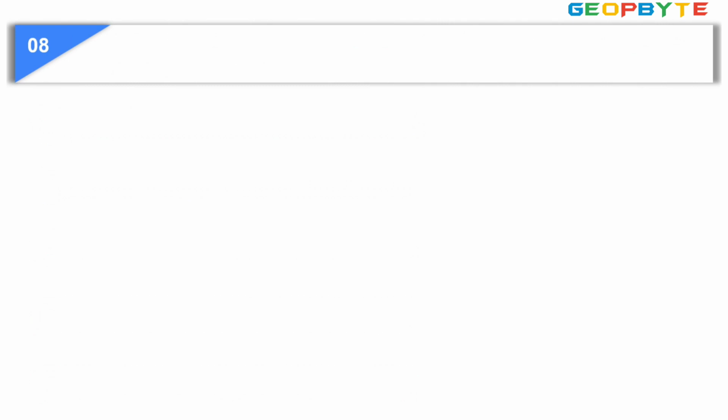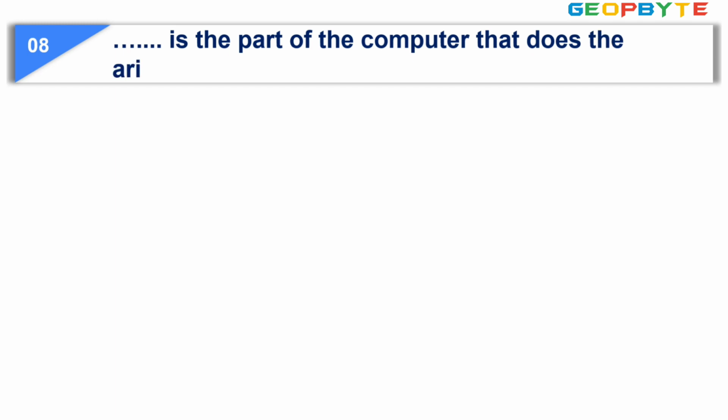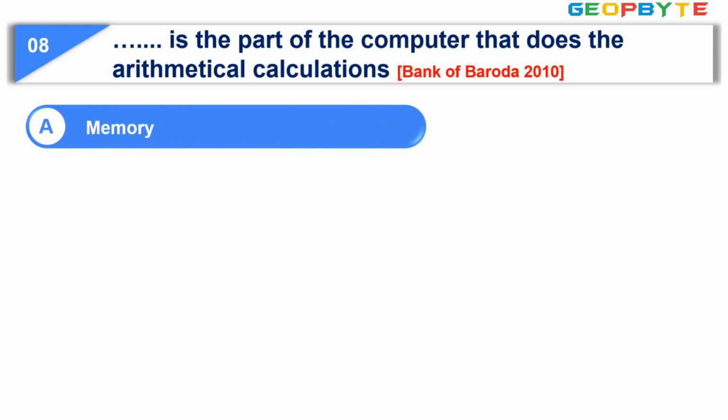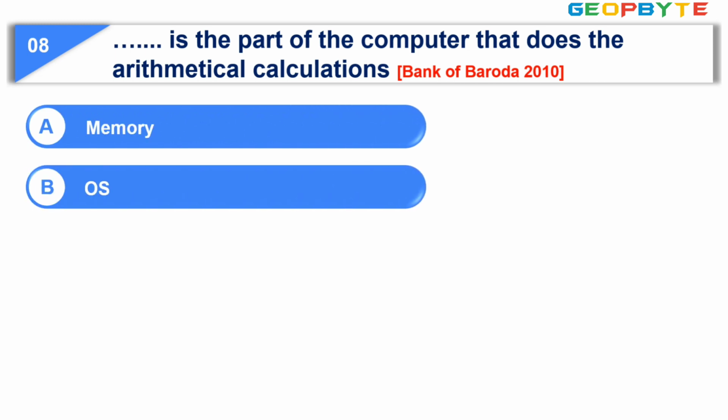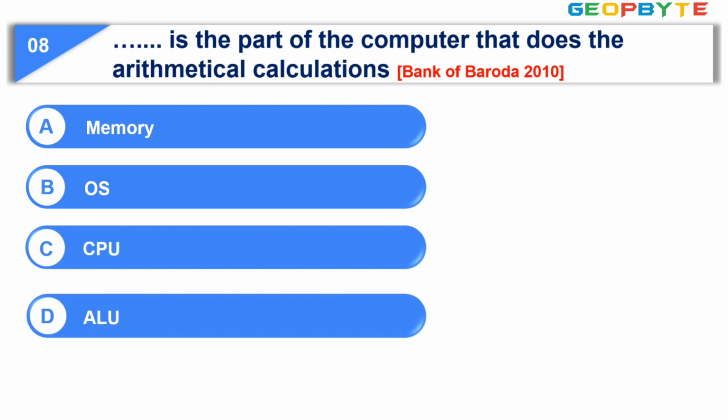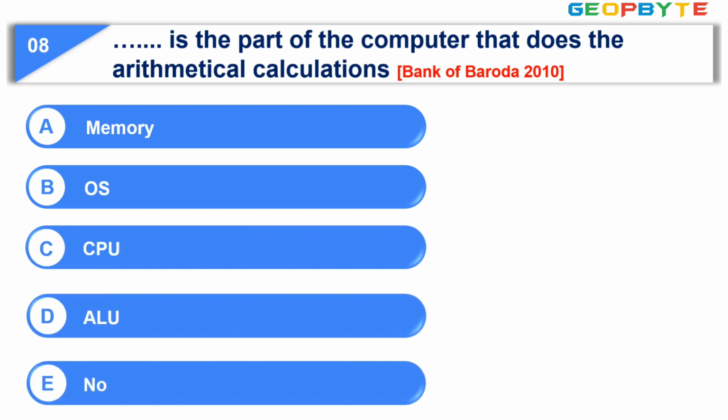The main function of the central processing unit of a computer is performing calculations and processing. Next, moving to question number 8. Dash is the part of the computer that does the arithmetical calculations. Option A, memory. Option B, OS. Option C, CPU. Option D, ALU.